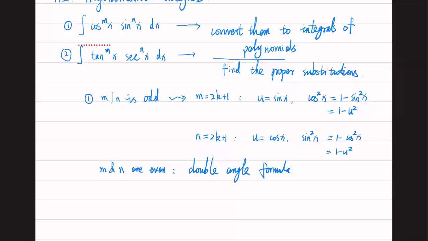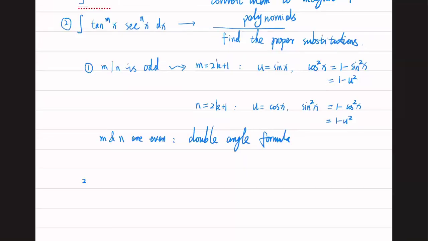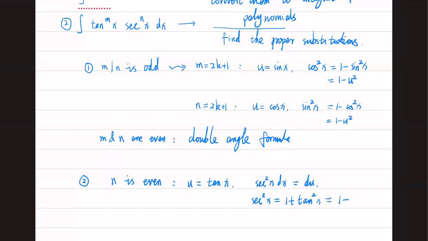Second case, similar. If this sixth power is even, again, we convert everything to polynomial.